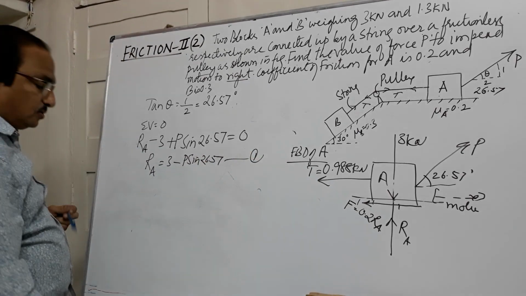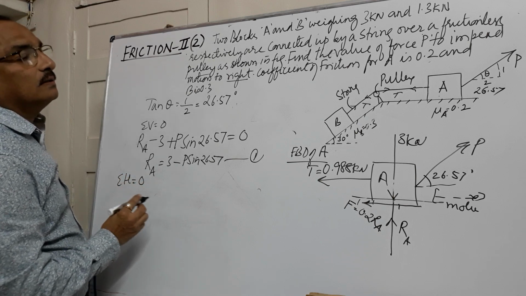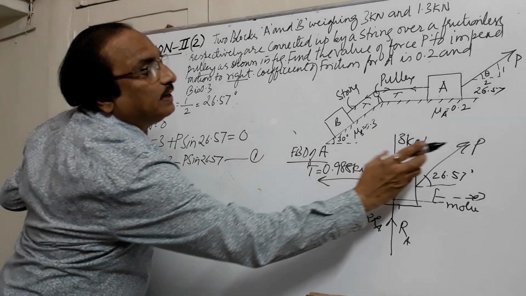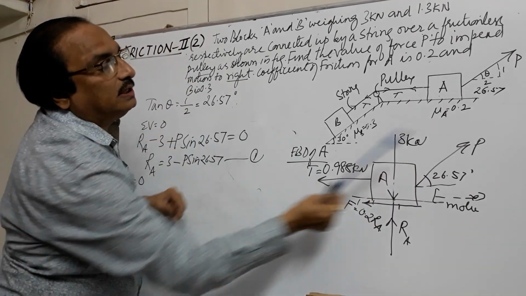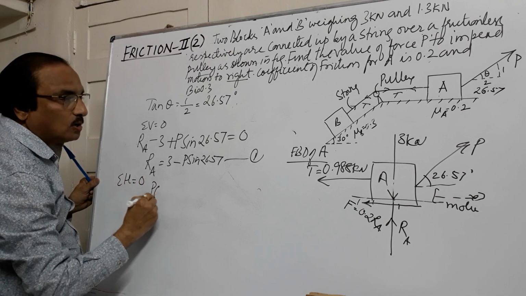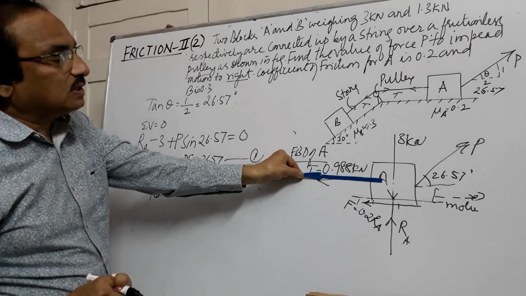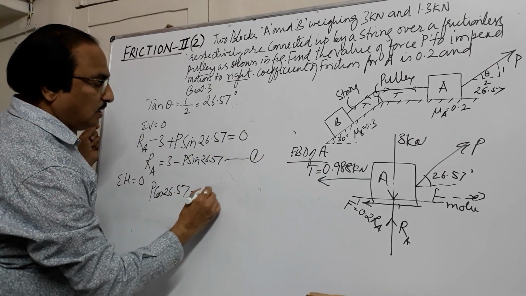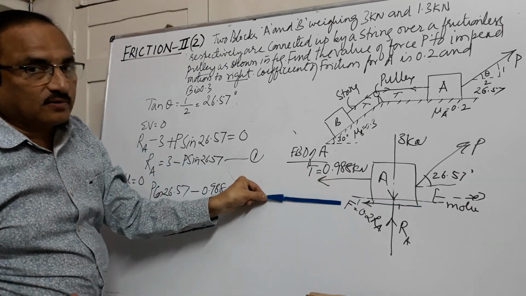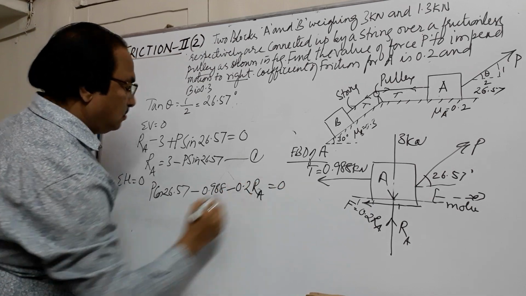Now here we will resolve the forces horizontally. Sigma H is equal to 0. If I resolve the forces horizontally, this P is going along the angle towards right, so it will be P cos of 26.57. This T is acting towards left, so minus 0.988, and this 0.2 R is also acting towards left, so this will be minus 0.2 RA. This must be equal to 0.